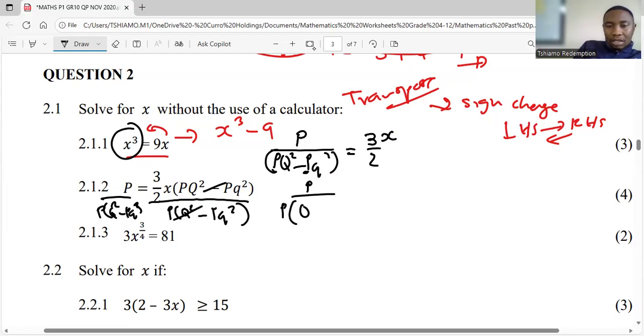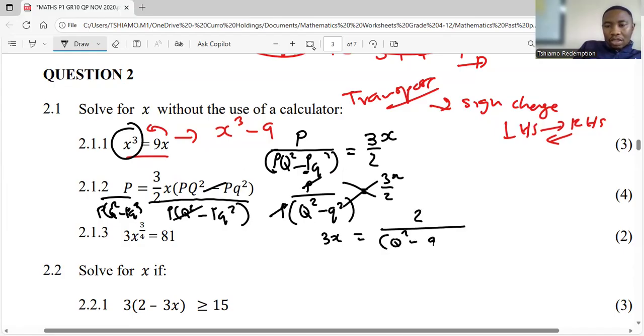Then I'm left with q minus q equals 3 over 2x. This cancels. That's fine. And then I can do cross multiplication there so that this will go there. So I have 3x equals 2 over q squared there.